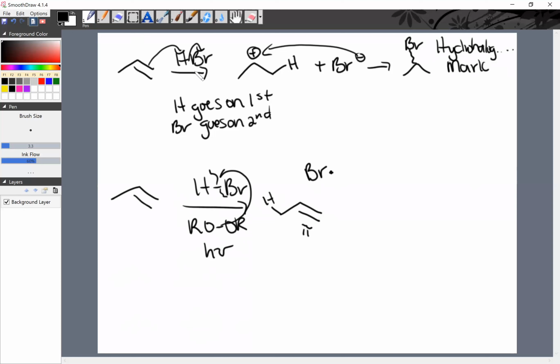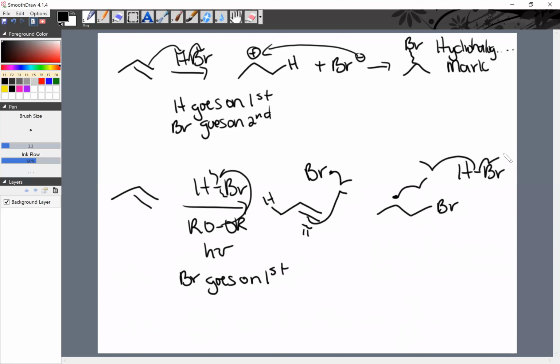So is there a chance it would still go for the hydrogen? Yes, but the pi bond can be broken, and still with stability rules, I'm going to make the most stable radical, and here's the difference. The bromine goes on first, and then the hydrogen is added. And that's how you get the anti-Markovnikov.